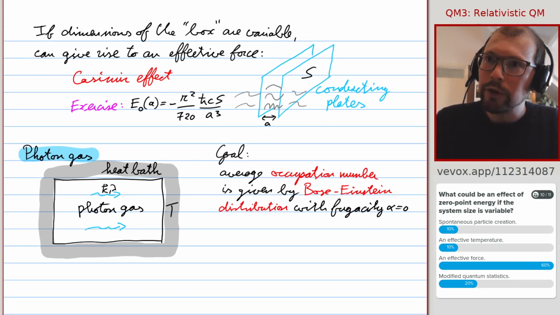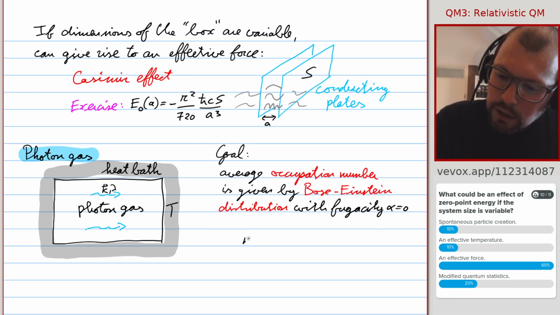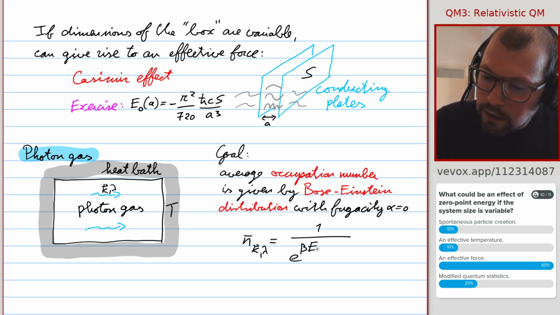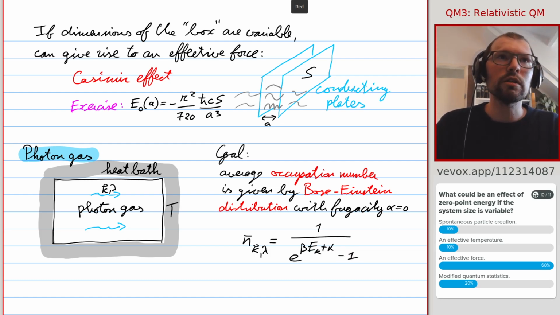So if you remember from the final lecture of Johan, this corresponds to having an average occupation of this state equal to 1 over e to the beta epsilon_k plus alpha minus 1. So that would be in the grand canonical ensemble.